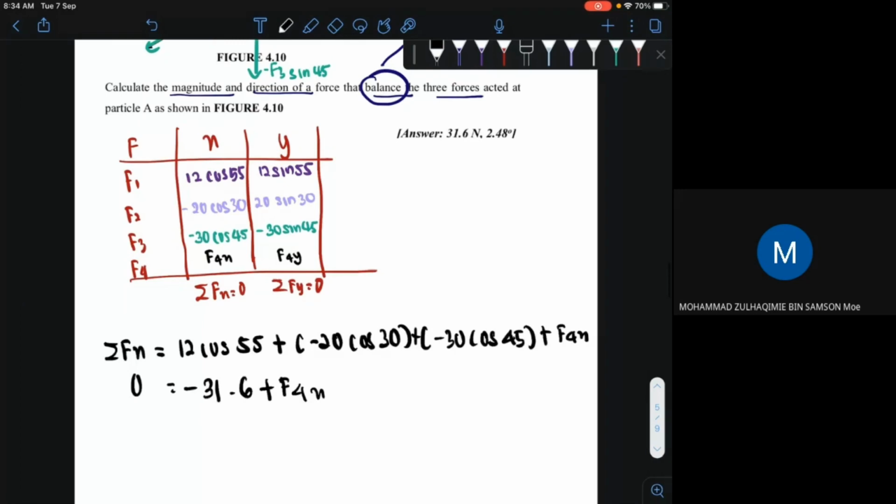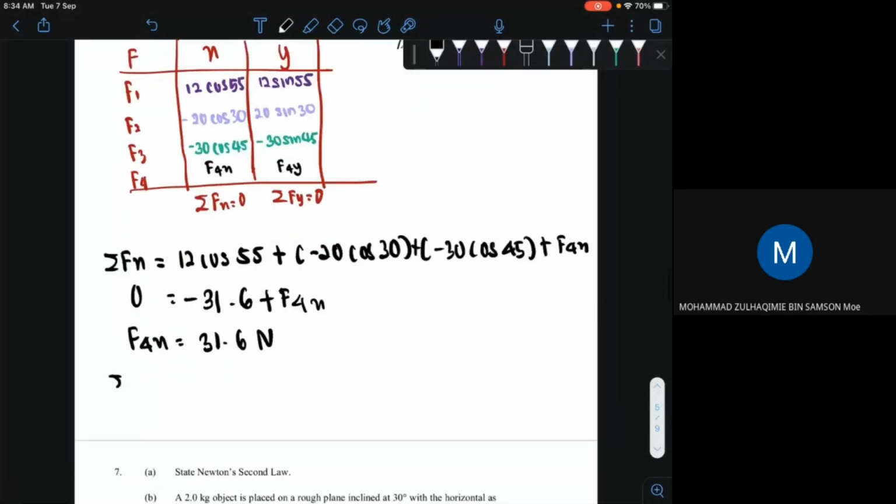And then F4X will be equal to 31.6 Newton.